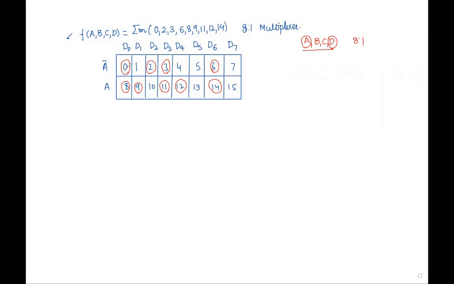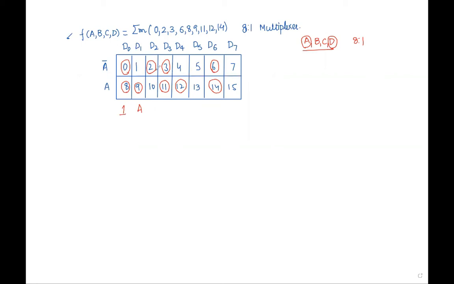Now look, when D0 data is there, it is 1, 1. That means there is no change, so you will write it as 1. For D1, your data is changing from 0 to 1, so it will be A. In D2, your data is changing from 1 to 0.